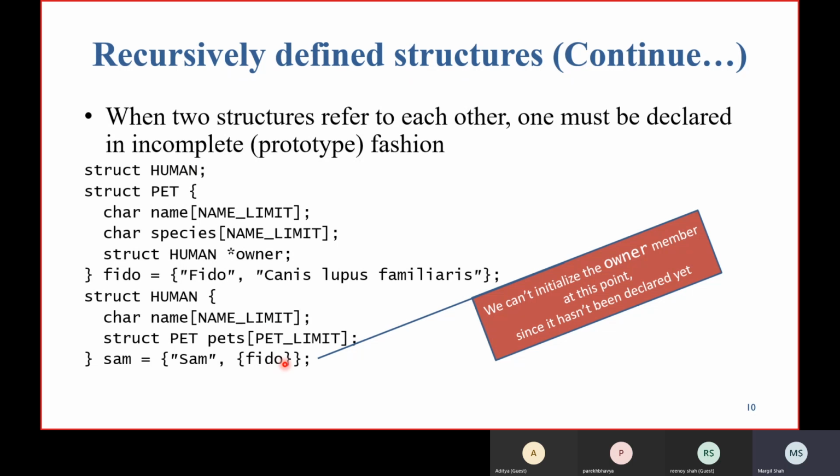If I pass fido over here, what happens? Fido depends on this, and fido also depends on the owner, right? So it shows that fido is undeclared, and thus we cannot use fido to declare the variable of human. Since it hasn't been declared yet, we cannot initialize the owner member at this point.